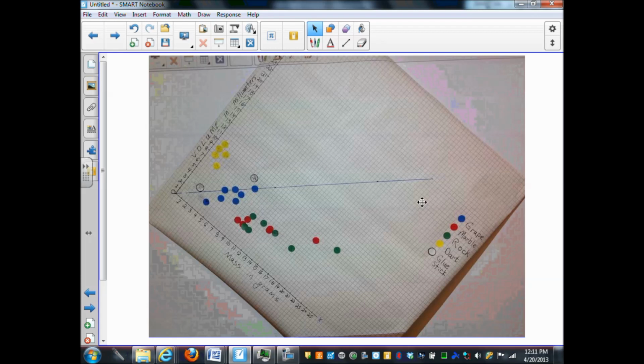It fits in with the equation that we found, that in order to find the density of an object, you take its mass and you divide it by its volume. When you do that, you're able to get a number that represents its density. If the mass is high but the volume is small, you're going to end up with an object that has a high density.